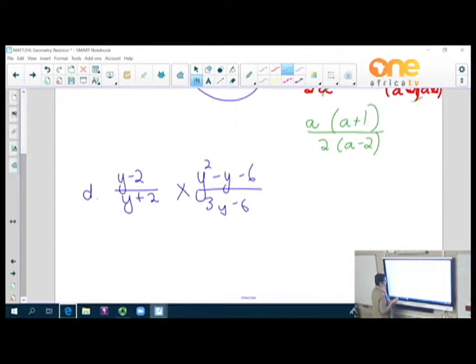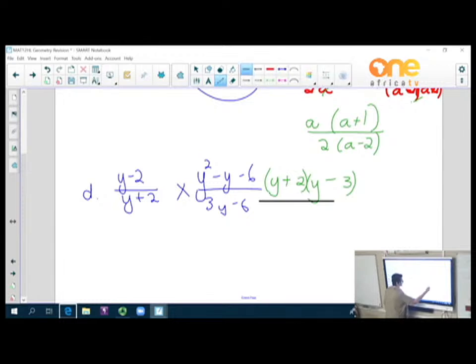I need to factorize, so this is where I have to factorize. This one is going to be y and y, factors of 6 are 2 and 3. Signs differ, the biggest combination is negative, so that one is negative and that one is positive. This is over, and this is again the highest common factor of 3, y minus 2.